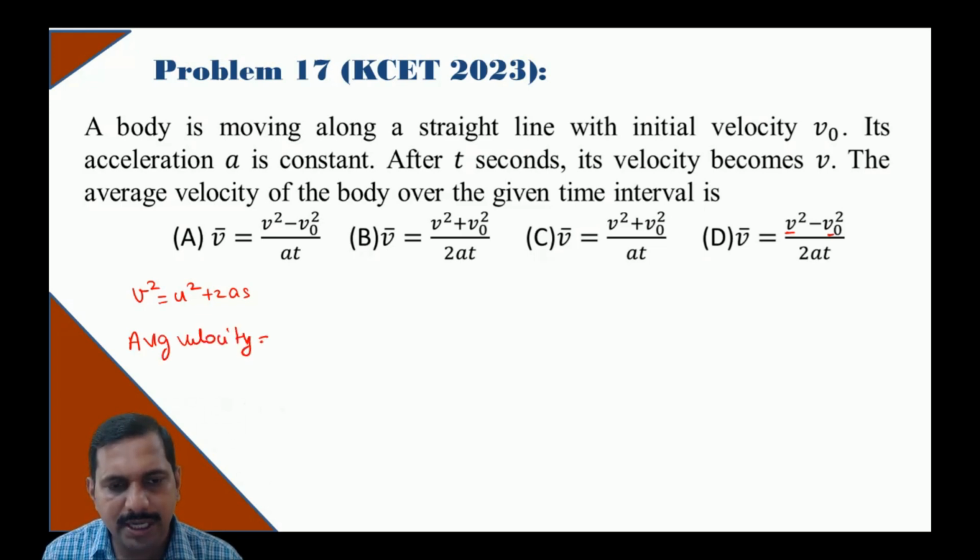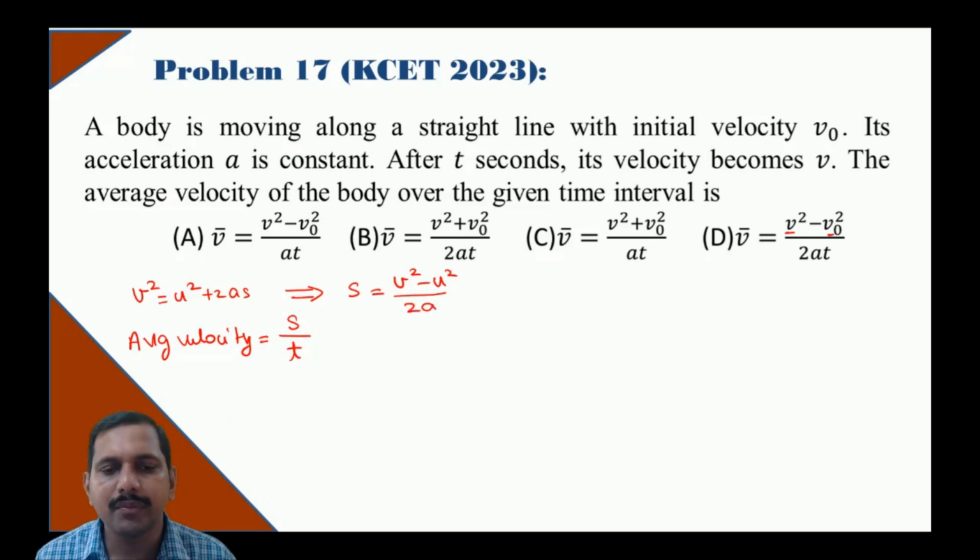Average velocity is equal to displacement over time. So let us see what the displacement is. From this particular equation, we get S is equal to v square minus u square divided by 2a.